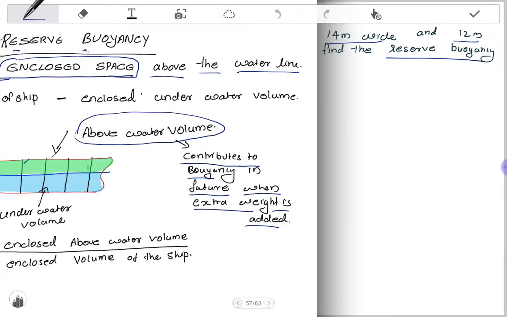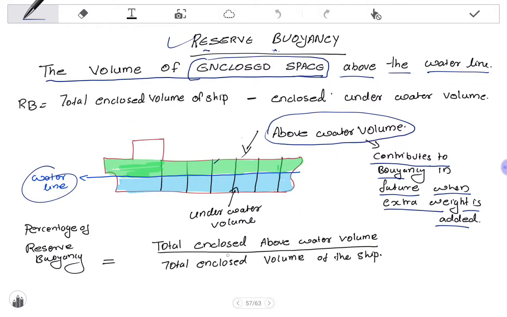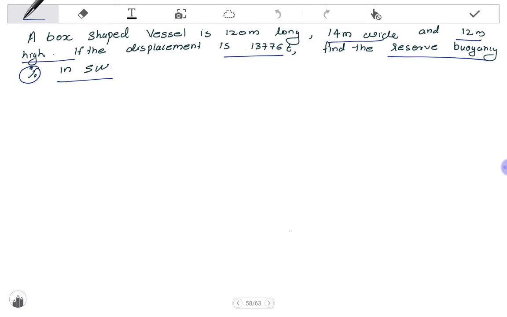Previously we saw reserve buoyancy percentage is the total above water volume, that is called reserve buoyancy, divided by total volume of the ship, multiplied by 100, then only we get the percentage.